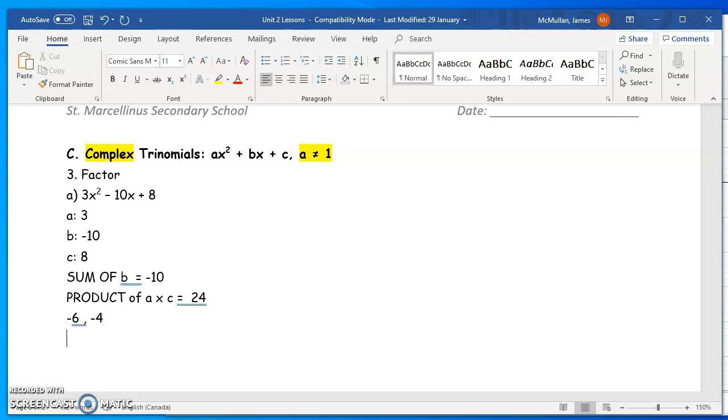Now what makes this different from the regular type of factoring is what we do next. What you do here is you take that negative 10x in the middle of the term and you decompose it. You separate it into two pieces. So I'm going to use a different color just to highlight what we're doing here. You see where it used to say negative 10x.